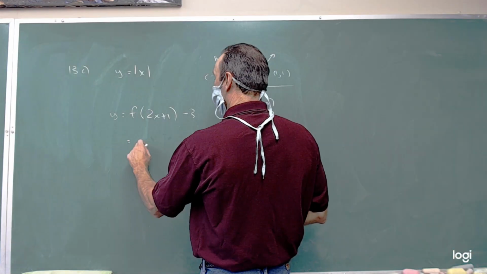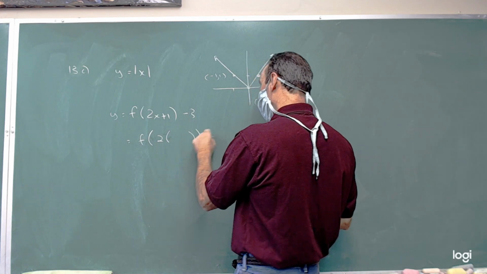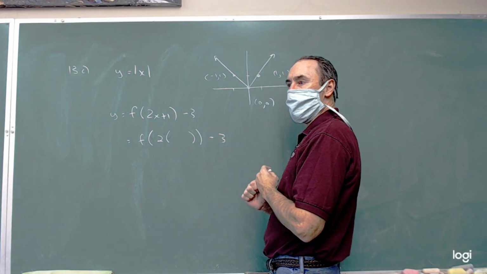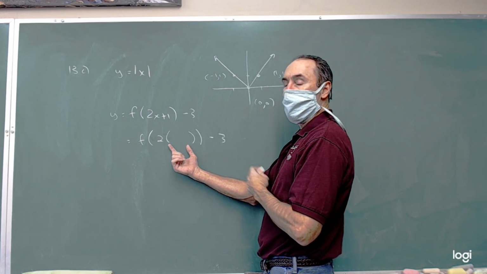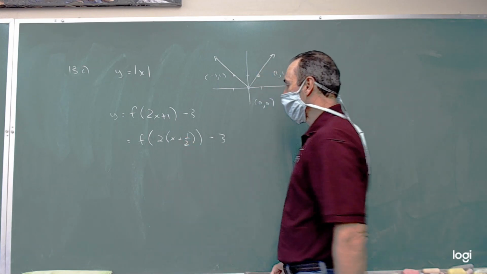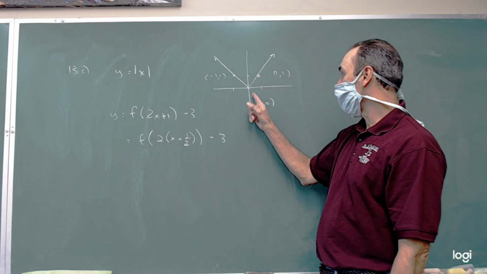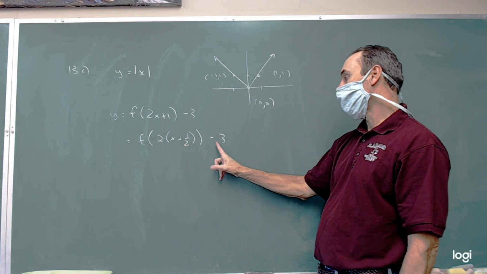If we factor that 2 out, can you see what that's going to become? What will that be? X plus 0.5. Yeah, x plus a half. So that means our point 0, 0 is going to go left a half and down 3.